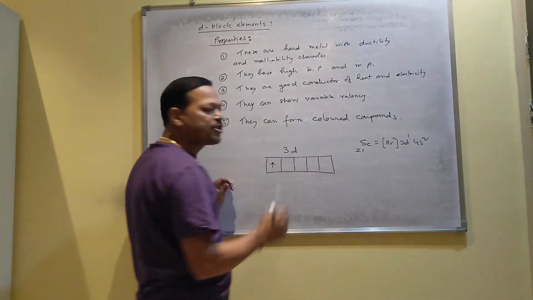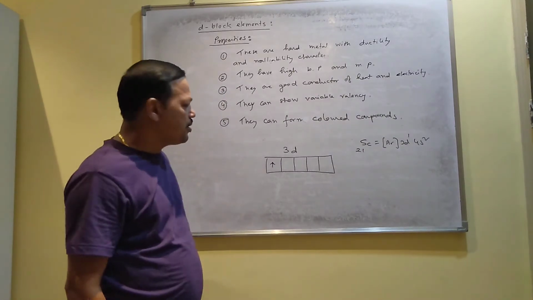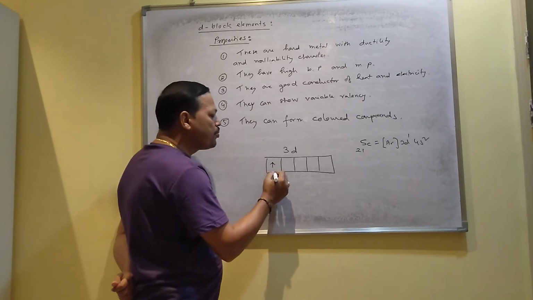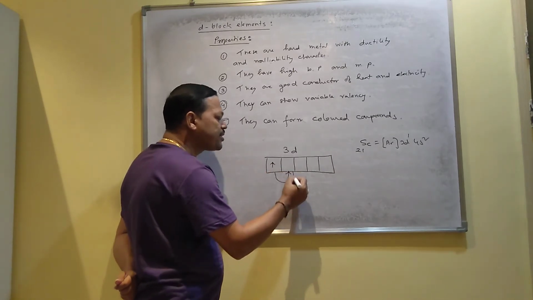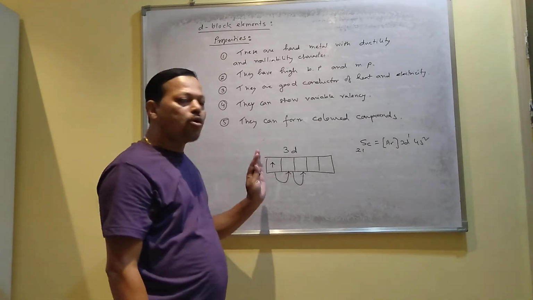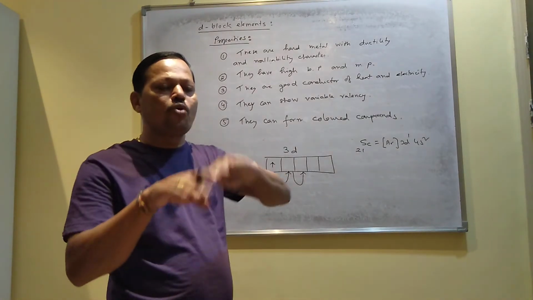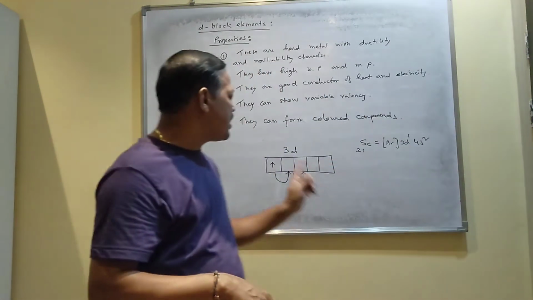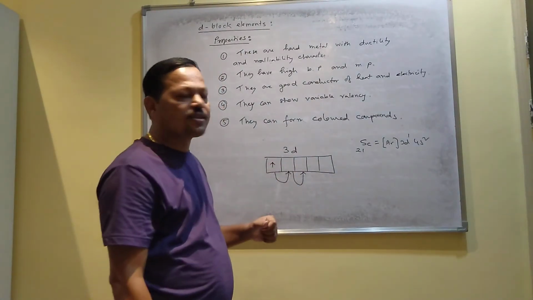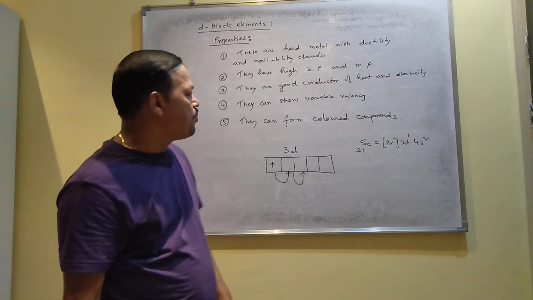It contains 1 electron in d. This electron can jump from this orbital to that orbital because they have similar energy. So the electron jumps from one d orbital to another d orbital, and that is called dd electronic transition. Due to this, they produce colored compounds.